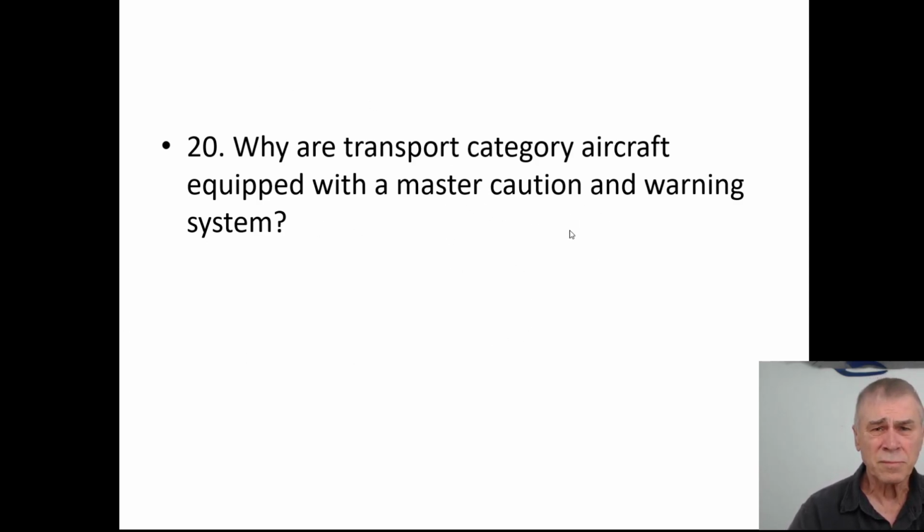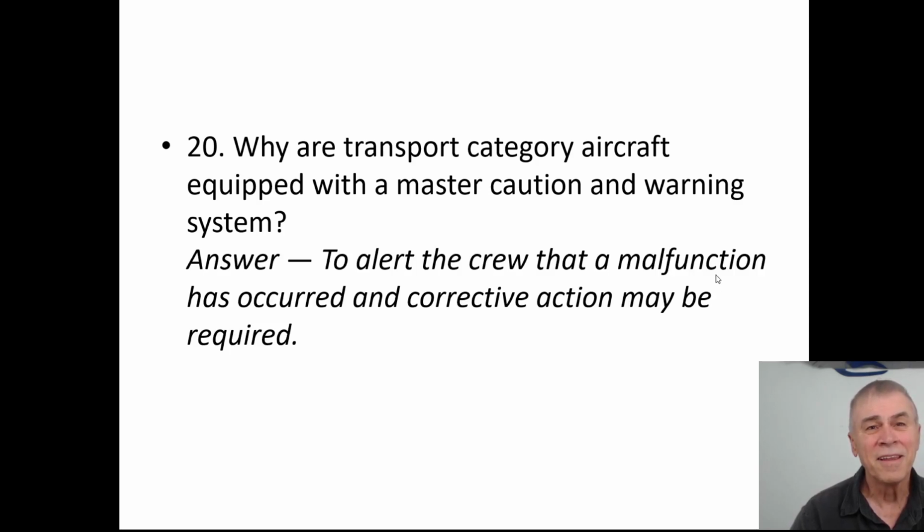Basically, same answer as before. It allows the flight crew to determine the condition of a number of systems in a quick, abbreviated fashion, to alert the crew that a malfunction has occurred and corrective action may be required.